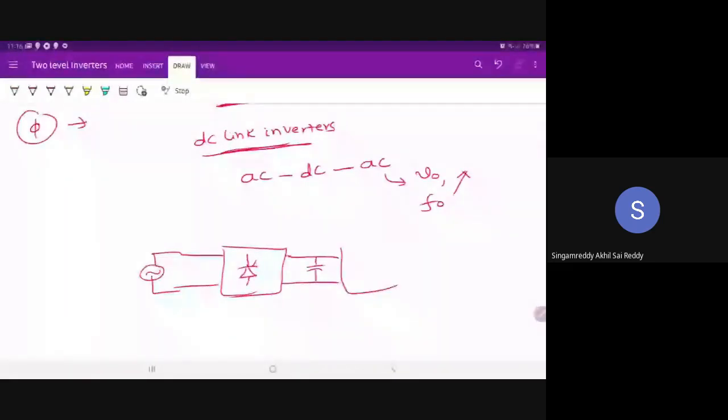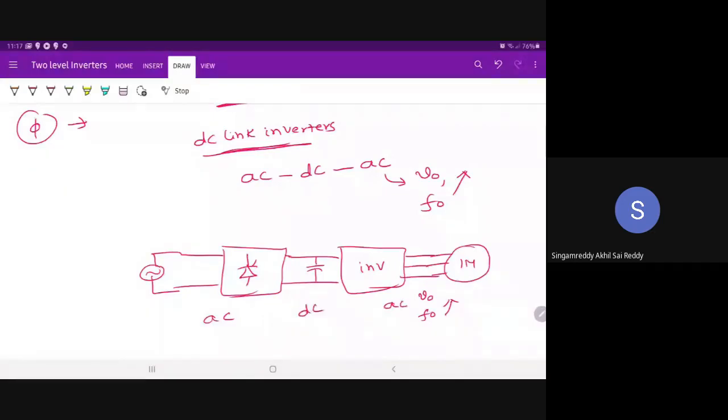After that it is given to an induction motor or any other motor. So this is AC to DC conversion and again DC to AC conversion, which is why it is known as a DC link inverter.